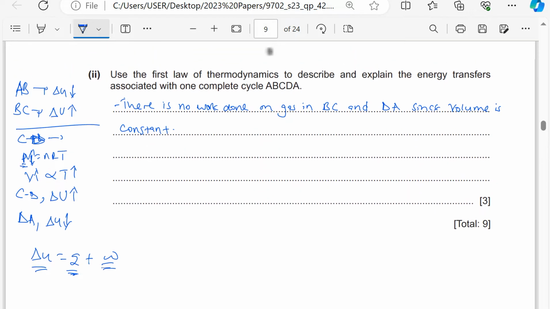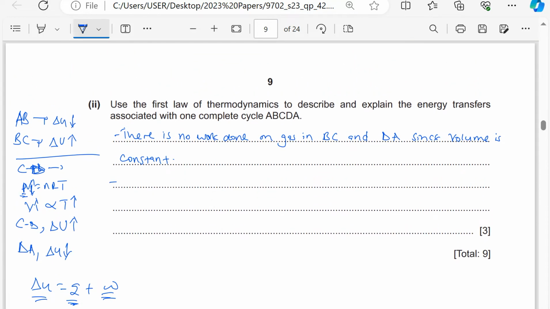Then, remember the net change in internal energy must be zero.